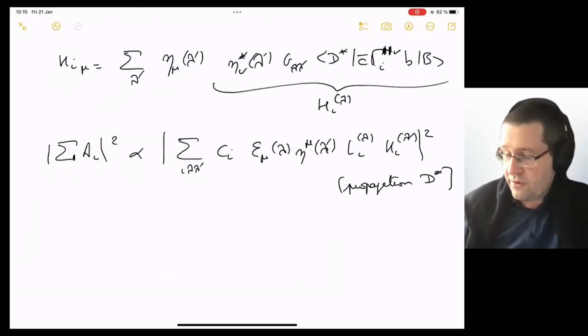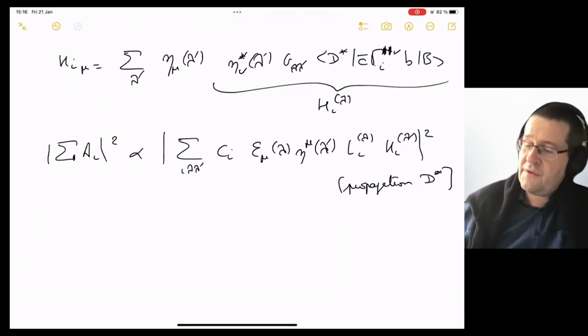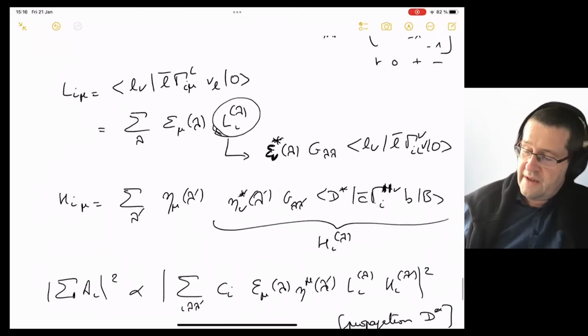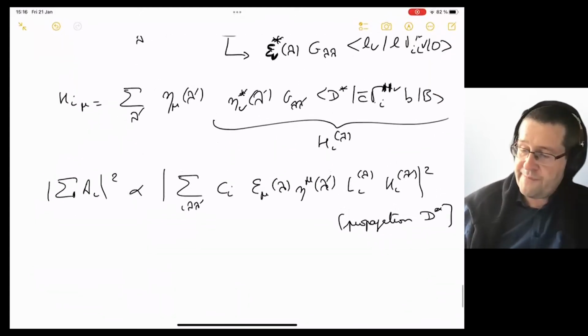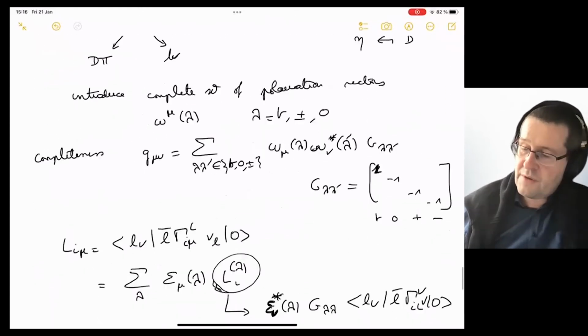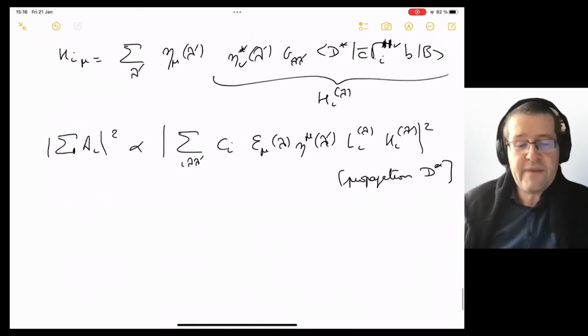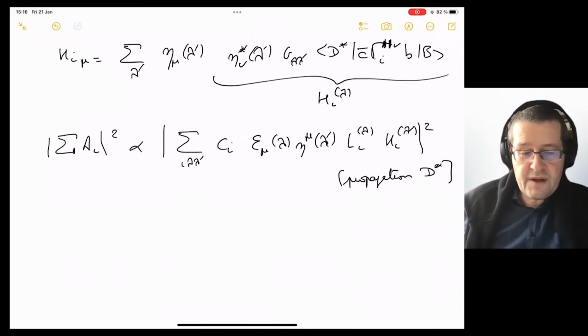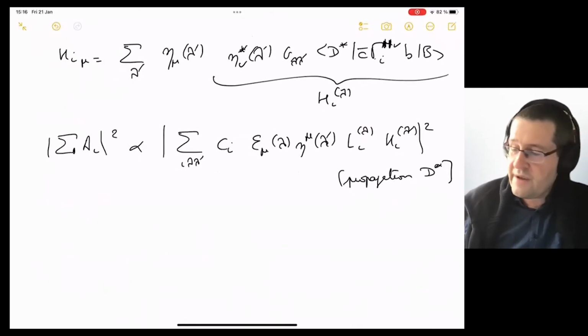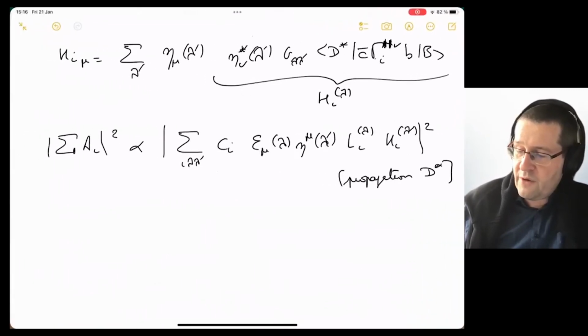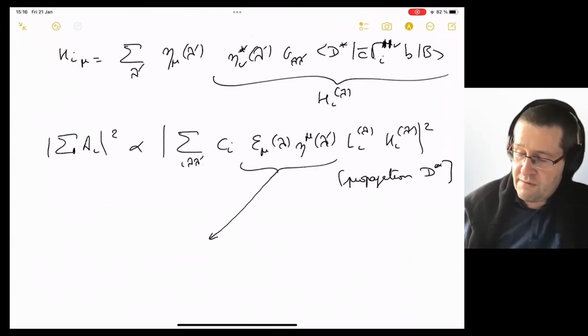You're going to say epsilon is related to the polarization of the lepton part, eta is related to the polarization in the hadronic rest frame. And that means that you have quite a large simplification of the possibilities of amplitudes here, or combinations of polarizations that can actually be of interest.